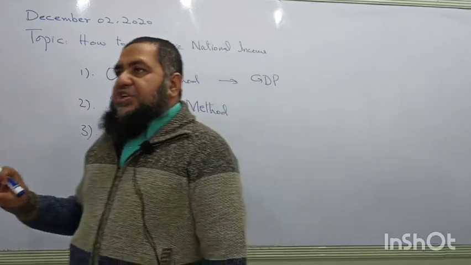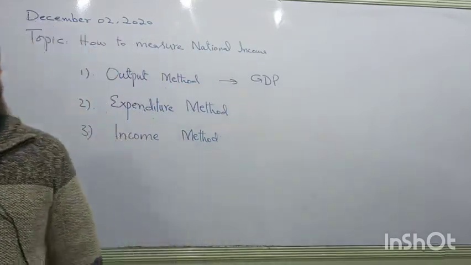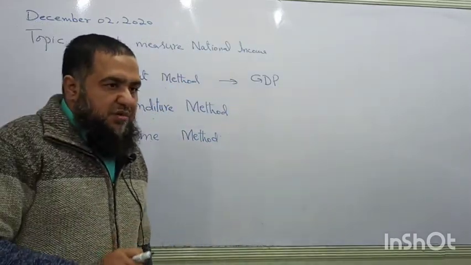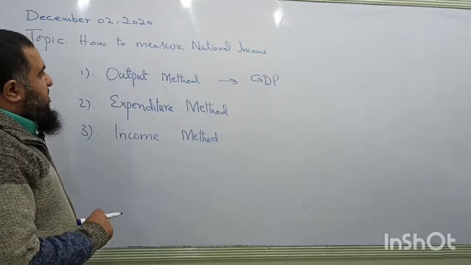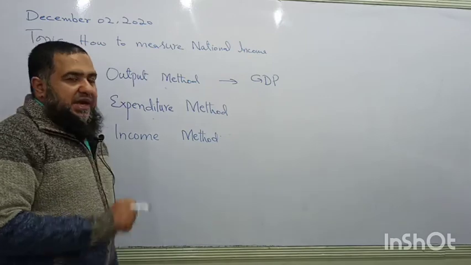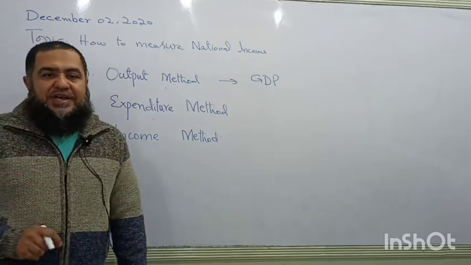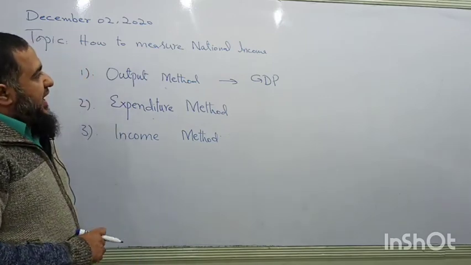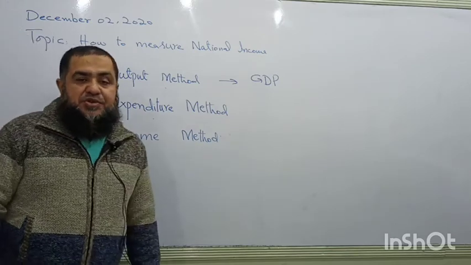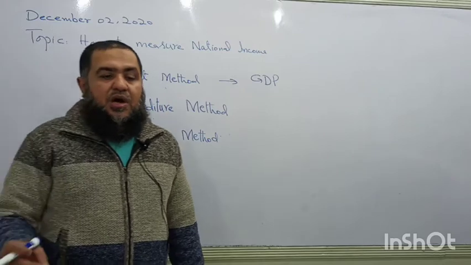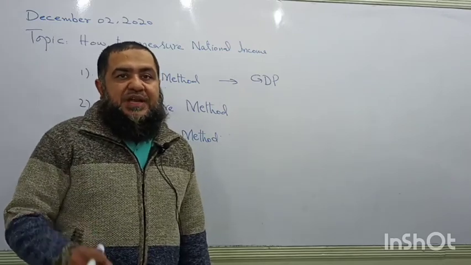Keep it in mind, GDP is measuring the output produced within the geographical boundaries of a country. Whatever output is produced by a country within a one year time period, that output is measured, either produced by the nationals or by foreigners within our territory.